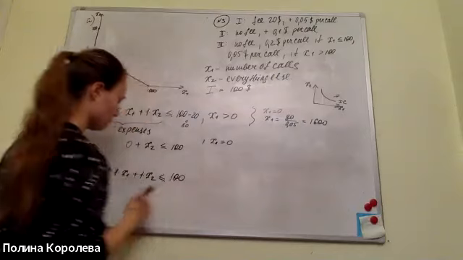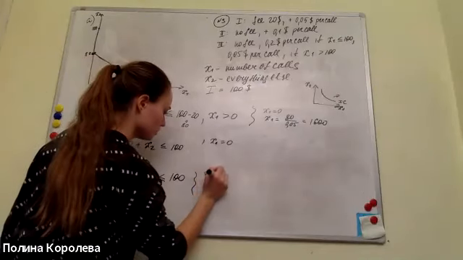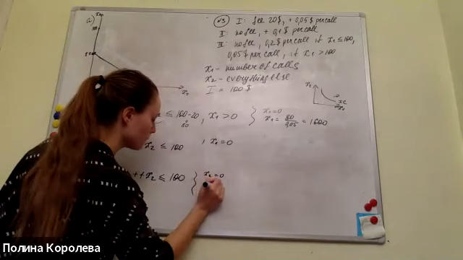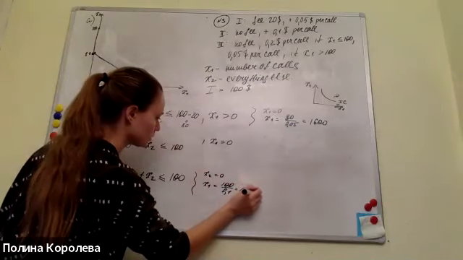Exactly. Easy. So 2 points. 1 point: if x2 is equal to 0, x1 will be equal to 100 over 0.1, 1000.